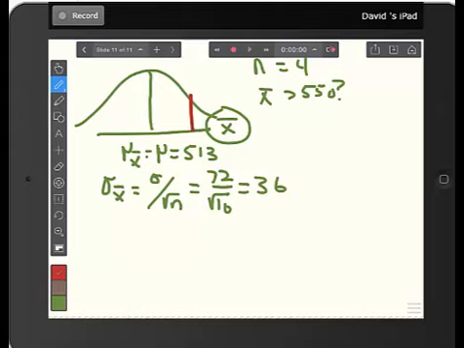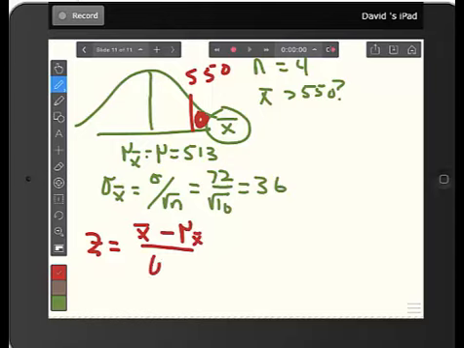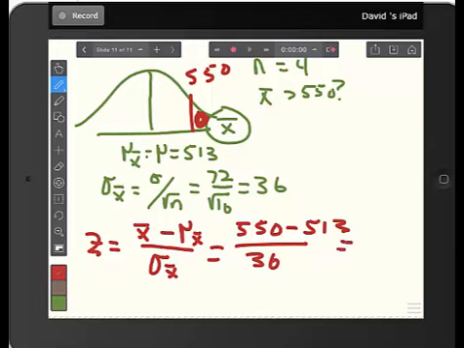We're looking for a sample mean above 550. So we'll get a z value, but this time it's x bar minus the mean of the x bars, because that's the distribution we have, divided by the standard error, or standard deviation of the x bars. 550 minus 513 divided by 36, and that comes out to be 1.03.